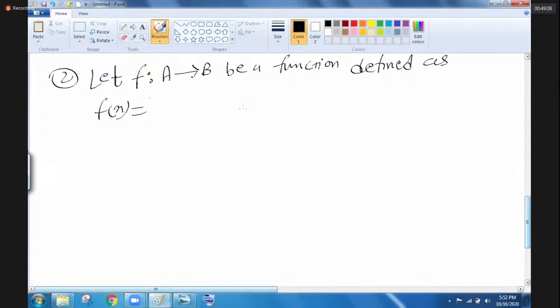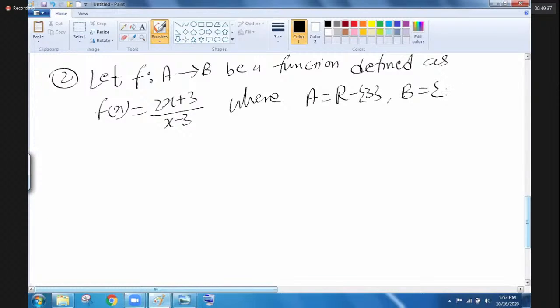Don't worry, we'll raise our level one by one. It's just the beginning. The function f(x) is given as (2x + 3)/(x - 3), where set A is given as R minus {3}, and set B is defined as R minus {2}.